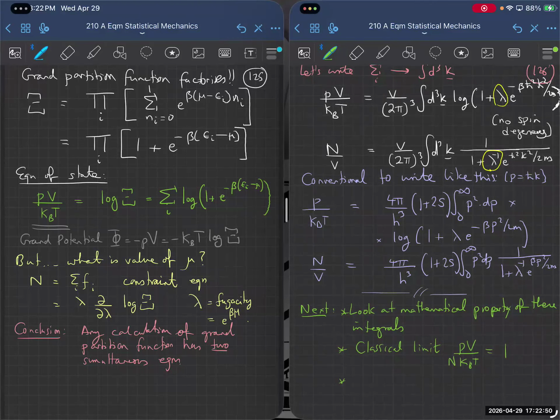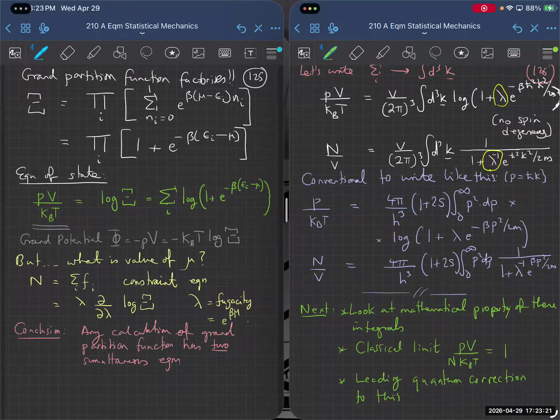And then I'm going to look at the leading quantum correction to this. In other words, what is the equation of state now when we have quantum corrections, lowest order quantum corrections added to the classical result? Okay, so I'm going to stop there.